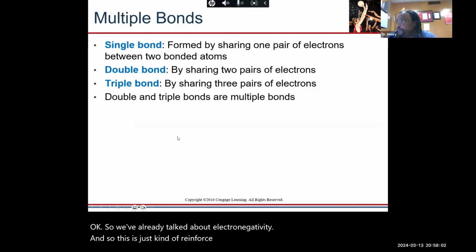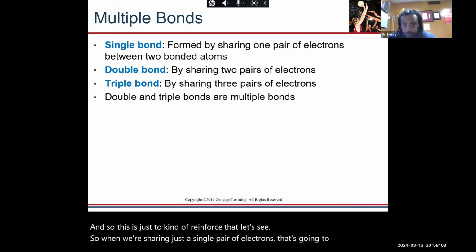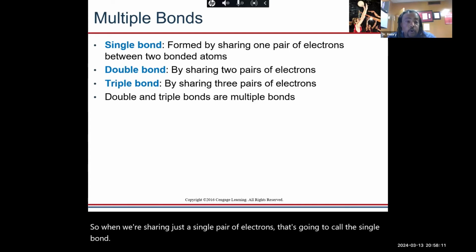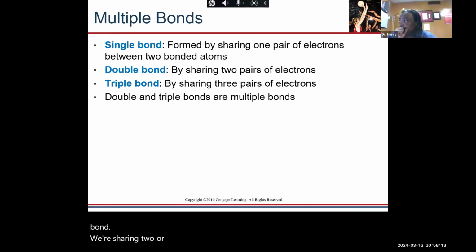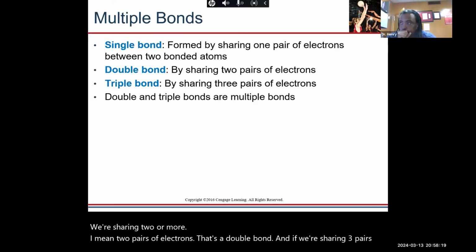When we're sharing just a single pair of electrons, that's called a single bond. When we're sharing two pairs of electrons, that's a double bond. And if we're sharing three pairs of electrons, that's a triple bond.